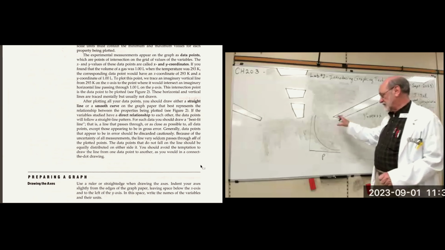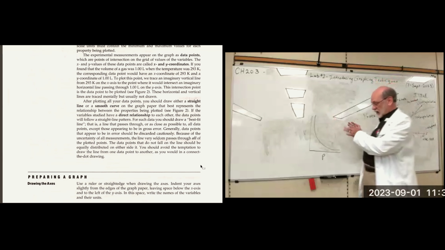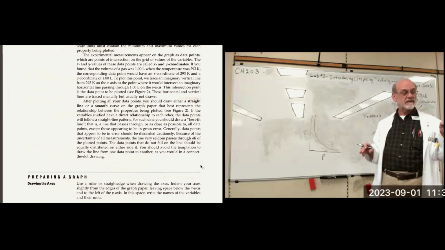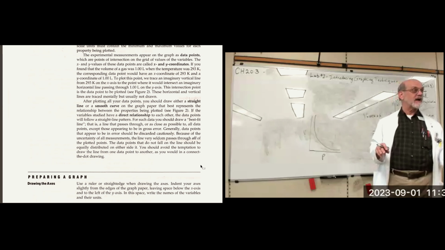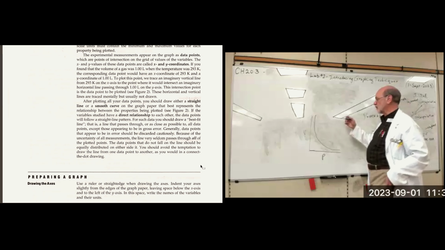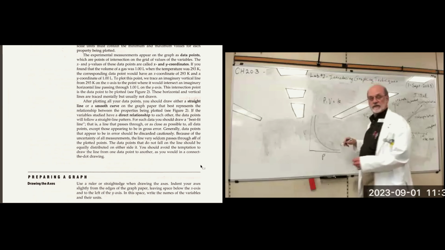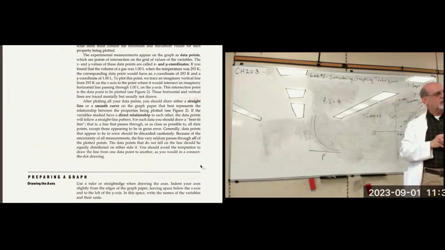So writing an equation for this depends on the physical process that you're describing. In this case, we're describing the ratio of pressure times volume is equal to some constant value. We'll talk about that later. That's Boyle's law.